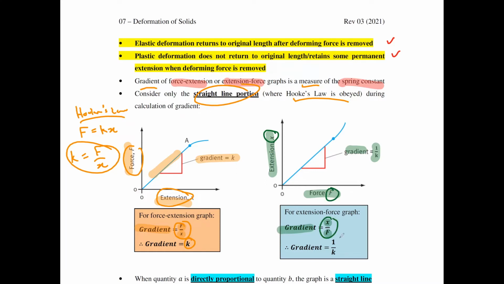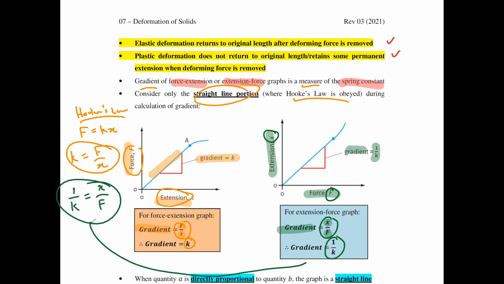So therefore it's x over F. And x over F is 1 over k. So depending on the graph that you get when you want to find the spring constant, please be careful whether it's a force extension or extension force.